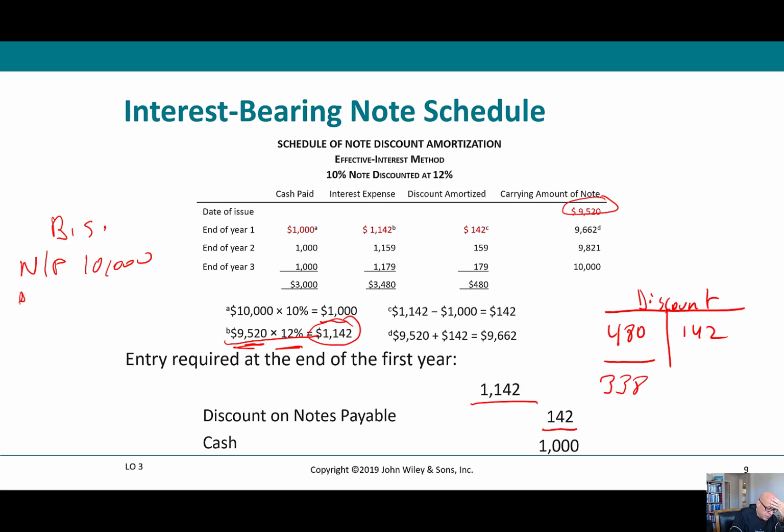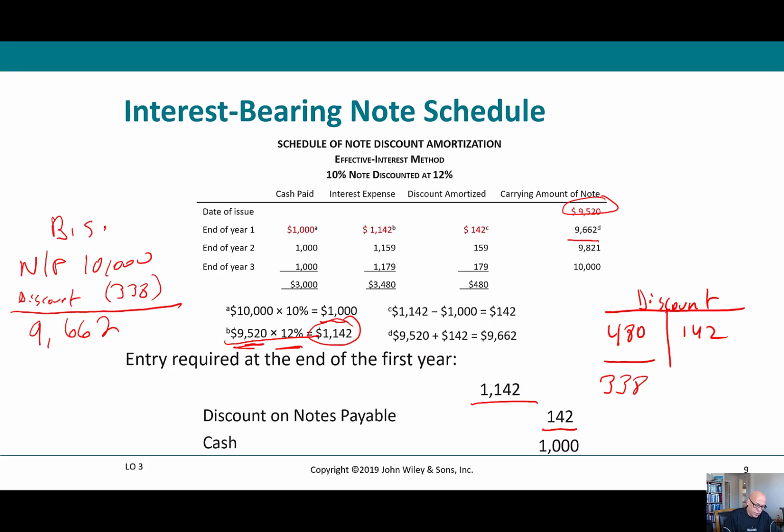My discount is now 338. 10,000 minus 338 gives me 9,662, which is the new carrying amount of the note.